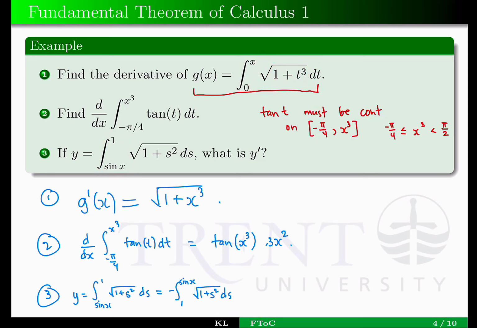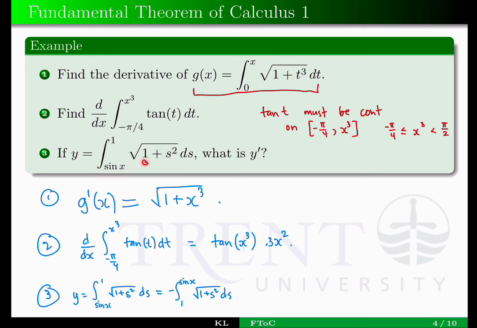Similarly, for this item number 3. Now, in item number 3, we don't have a problem actually. The reason is, even if your sine x can become negative for whatever x you have, you do s squared, which will make it positive or 0.